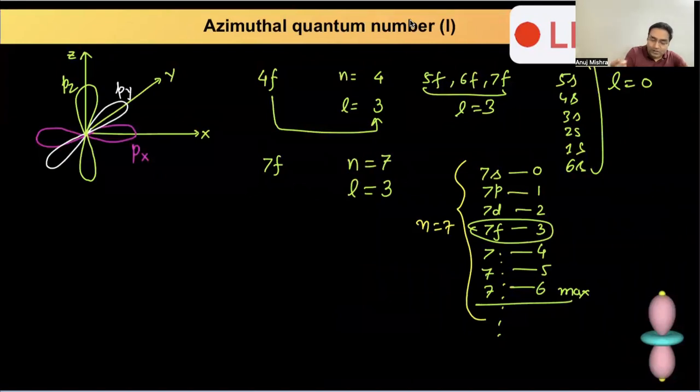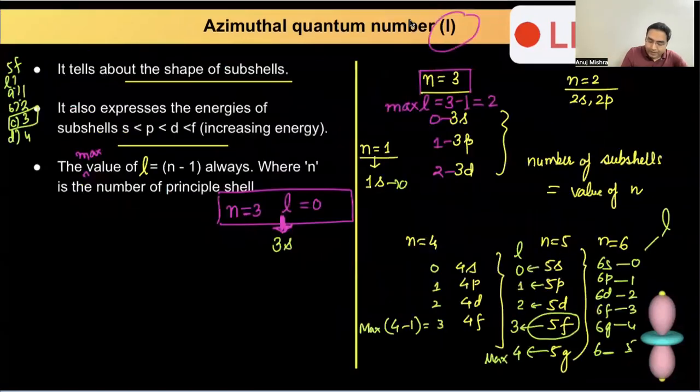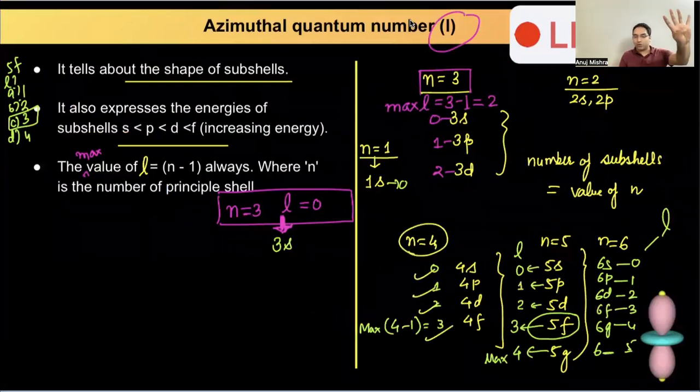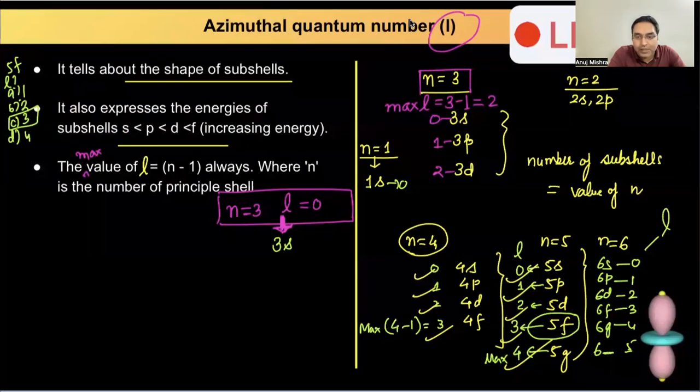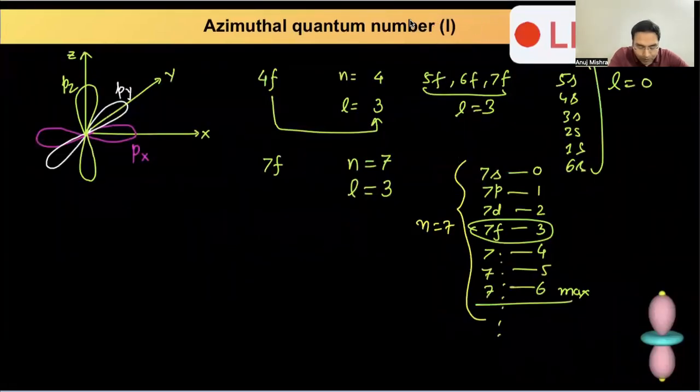In this example, n equals 4. How many options have you developed? 1, 2, 3, 4. 4 options. If we say n equals 5, options are 1, 2, 3, 4, 5. 0 to n minus 1 is the number. Options also you can consider and count. I hope this part is very clear, right?